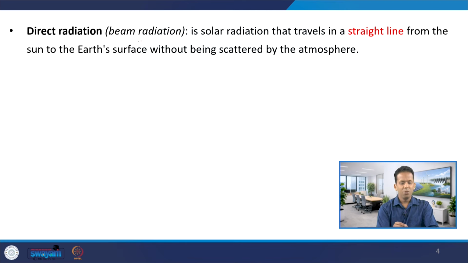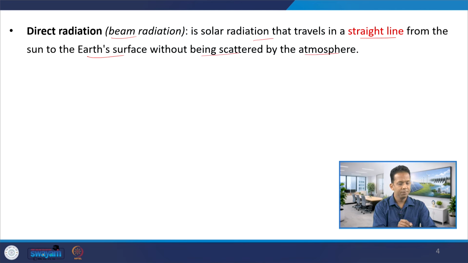Now, direct radiation or beam radiation is solar radiation that travels in a straight line from the sun to the earth's surface without being scattered by the atmosphere. The atmosphere is always there, but not all the radiation gets absorbed or scattered by the particles in it. Some of it reaches the surface in a straight line, and that's called direct or beam radiation.